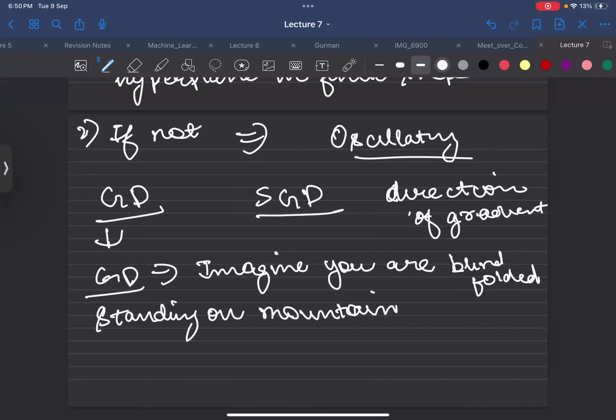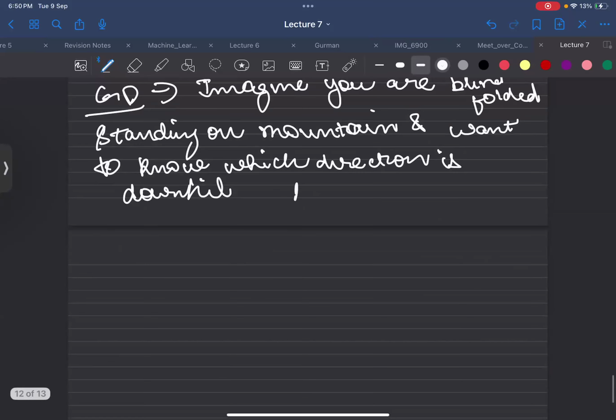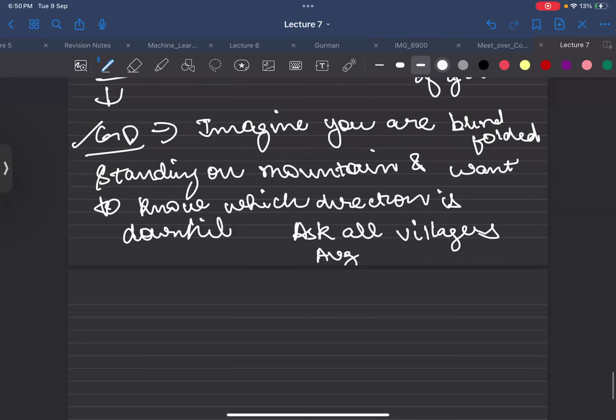Imagine you're blindfolded, standing on the mountain, and want to know which direction is downhill. I'll ask all the villagers and average all of their opinions. That is gradient descent. I'll first write the SGD, then you'll come to know.